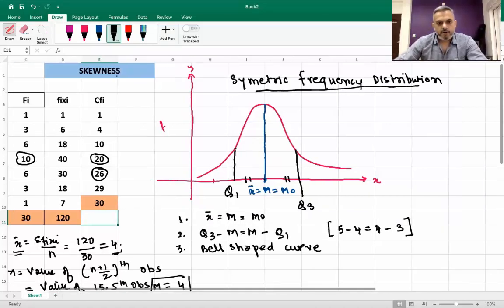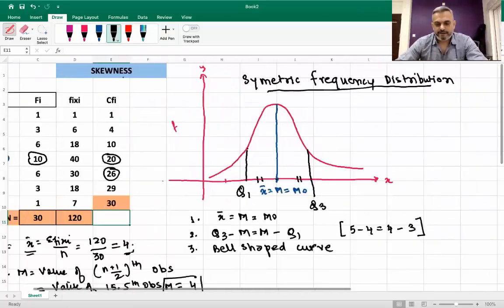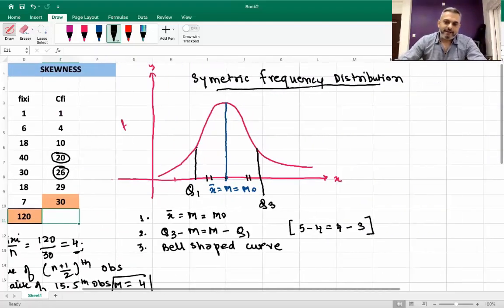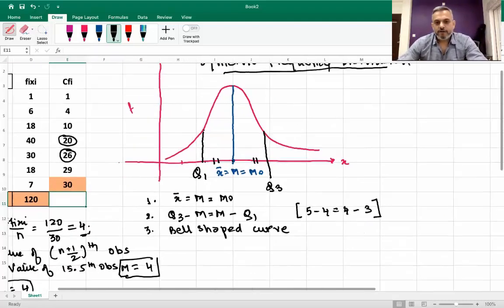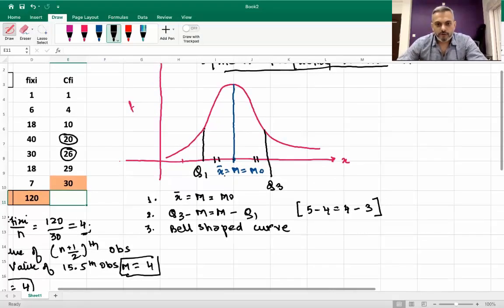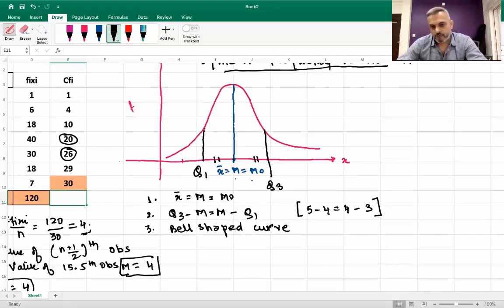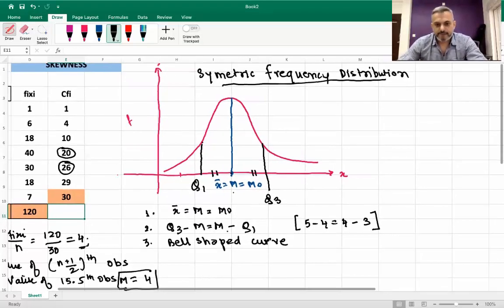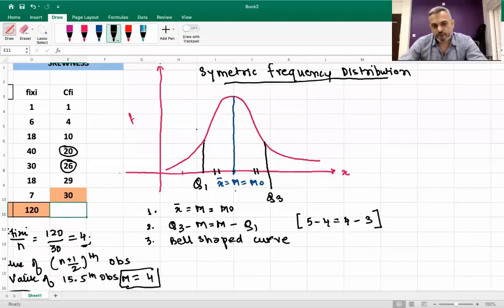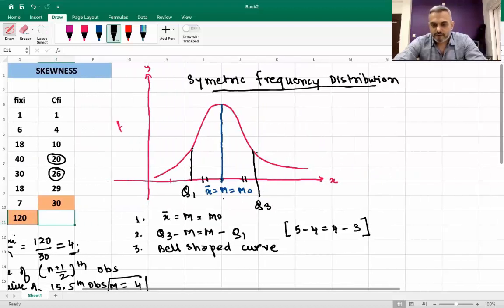The name of the chapter is skewness. Then why are we studying the symmetric frequency distribution, which is a bell-shaped curve where mean equals median equals mode, Q3 minus M is equal to M minus Q1, and this graph is also a bell-shaped curve? So pay attention please, all of you. This is a symmetric distribution.